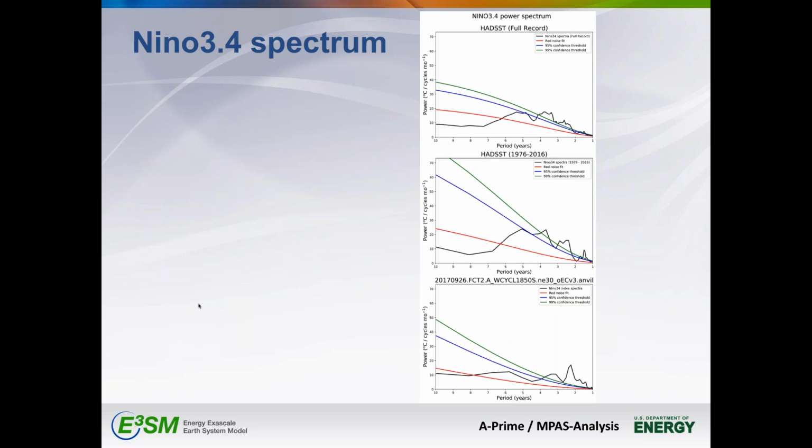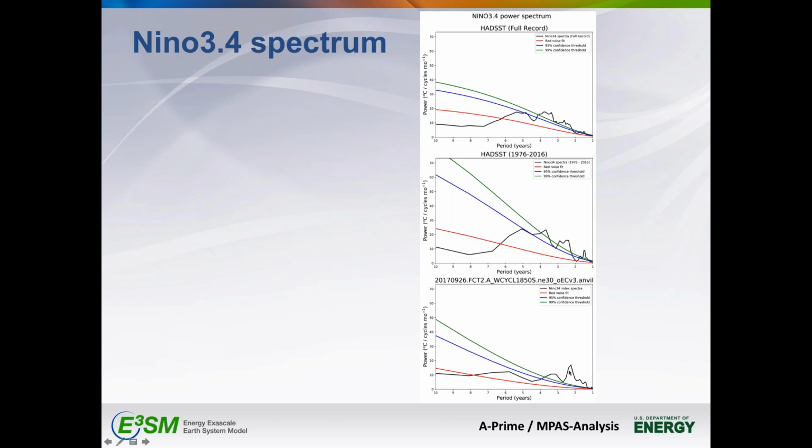The spectrum, this is the full record of the spectrum from Hadley SST. This is 40 years, which had a stronger overall El Nino. And this is what we have so far. This is only a 50-year simulation, so some of the longer periods here are not very representative yet. But we do have power above the 95 or 99 confidence level.